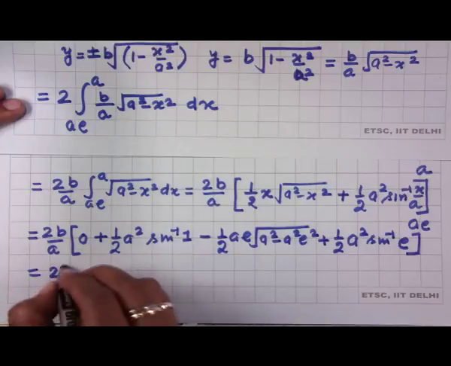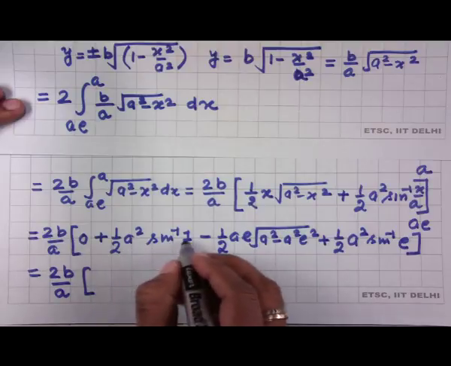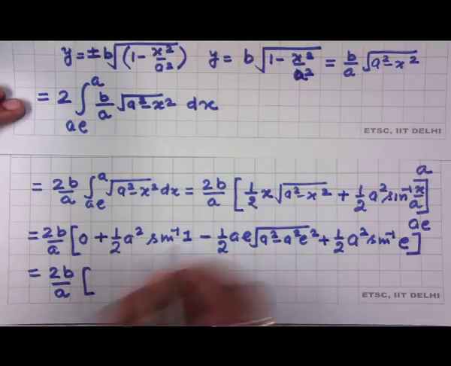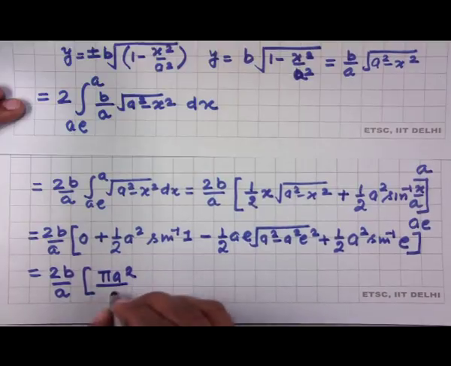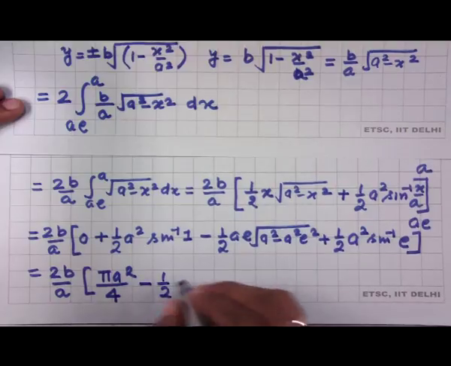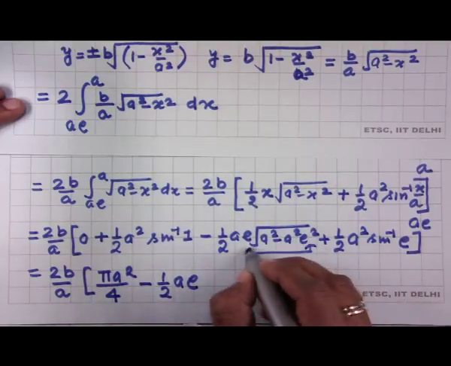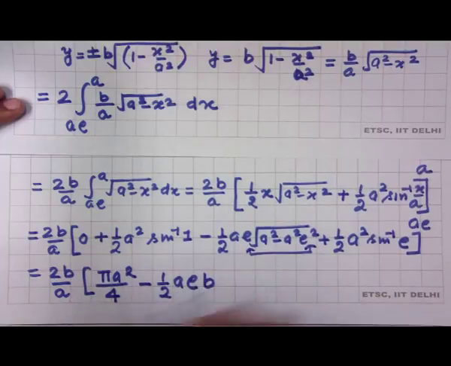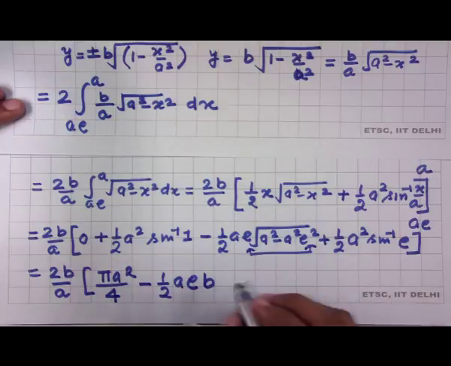So we get 2b by a, and sine inverse 1 is pi by 2, so we get pi a square by 4 minus 1 by 2 ae times this value, which you can replace by b, because you know that b square equals a square minus a square e square for the ellipse.